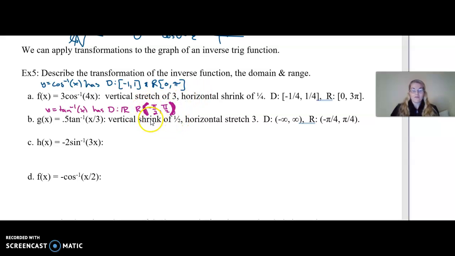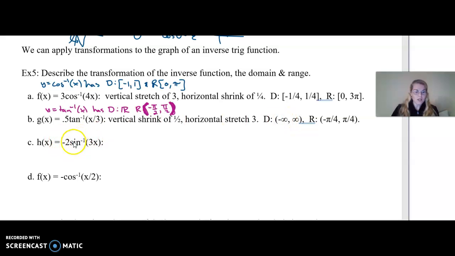But a vertical shrink of 1/2 is going to bring my range down to negative pi over 4 to positive pi over 4. And here, since I'm dividing by 3, that's the same thing as having a horizontal stretch of 3. Is that going to affect the domain? Well, the domain was all reals, so it's still all reals.